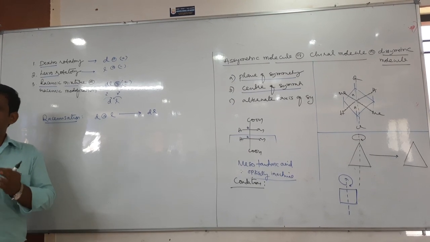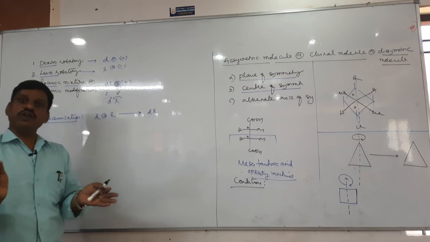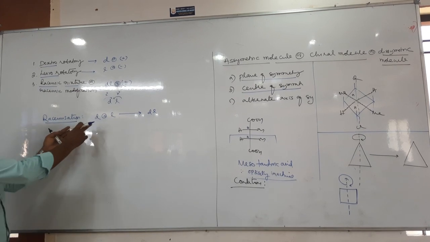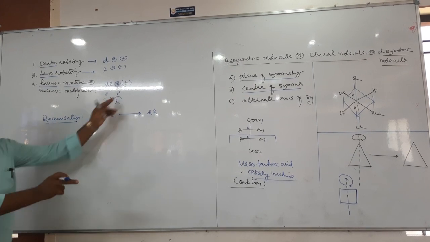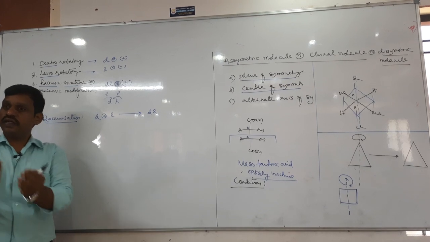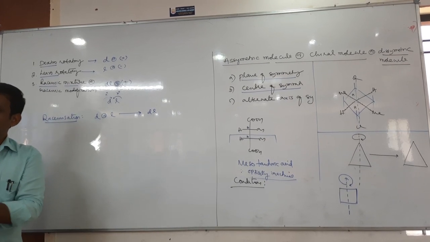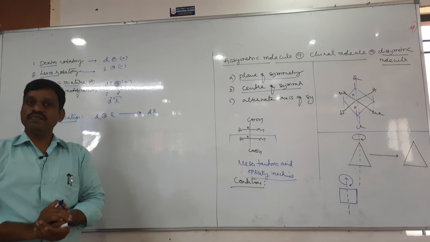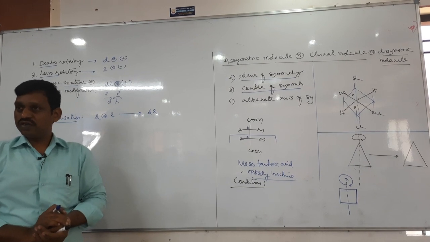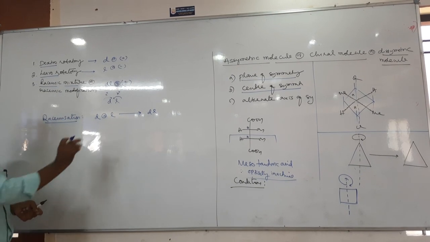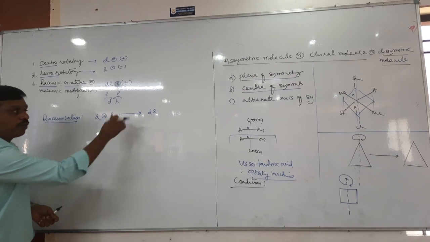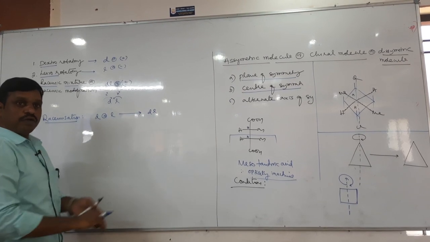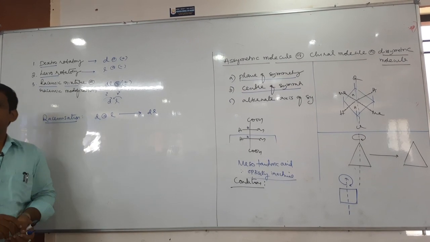Racemization is the process of conversion of optically active D or L into a racemic mixture. Therefore, in racemization, an optically active compound gets converted into an optically inactive compound, because a racemic mixture is optically inactive.